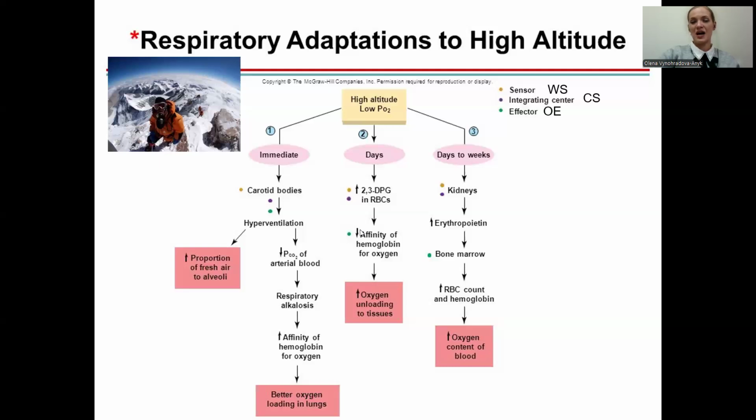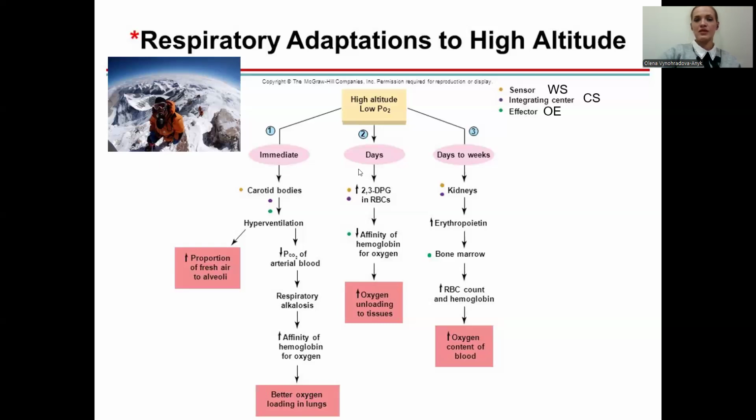But long-term hyperventilation decreases the level of carbon dioxide, and it induces respiratory alkalosis. This increases the affinity of hemoglobin for oxygen, and as a result, better oxygen loading in the lungs.